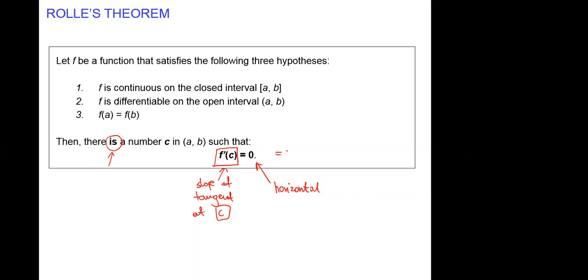So the tangent line at some point c will be horizontal, of course, if the function satisfies all three conditions.